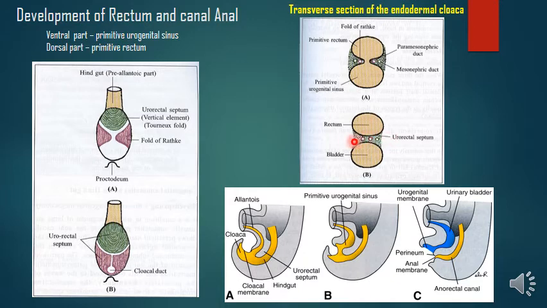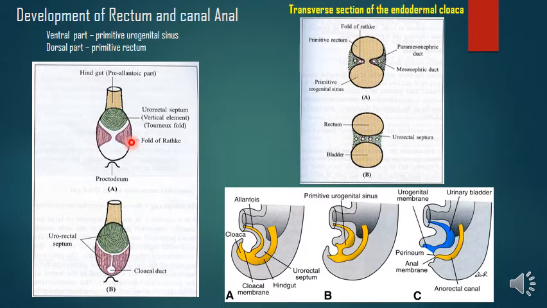Then this septum has totally formed, dividing the cloaca into a posterior primitive rectum and an anterior urogenital sinus. One point to be noted is that the mesonephric duct is lateral to the paramesonephric duct.